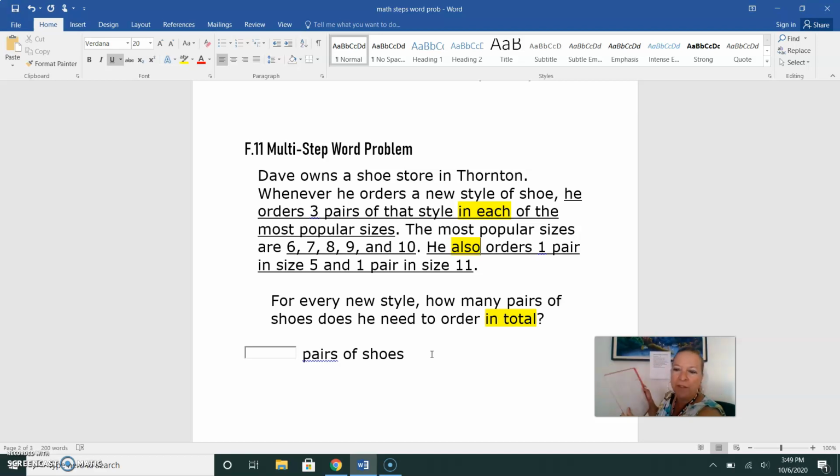This is just how I draw, and I will admit that I'm not an artist. So I would say we need a size 6 shoe and a size 7 shoe and an 8 and a 9 and a 10. And he's getting 3 each of those shoes. So it would kind of be like, here's a... I don't know how to draw a shoe. Let's see. It would kind of have like the opening and then like the lines, right?